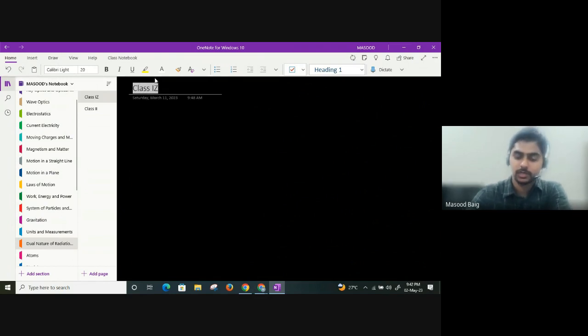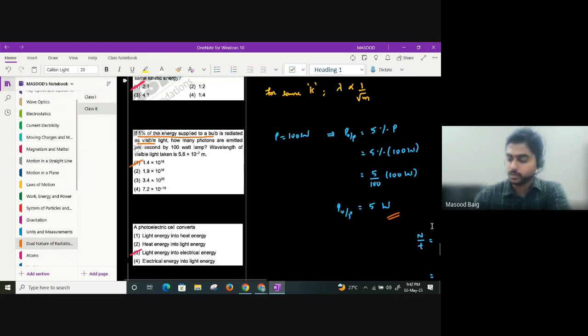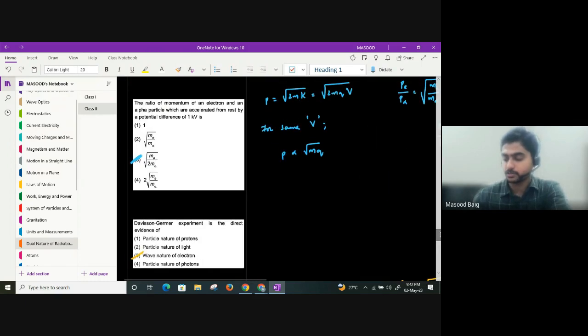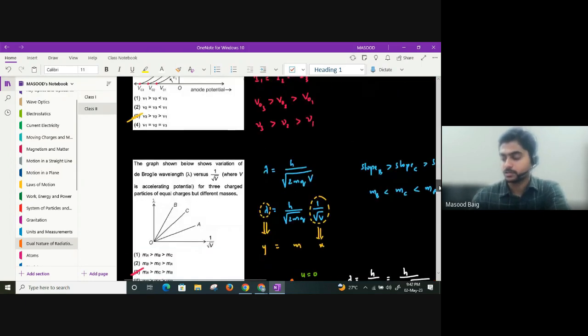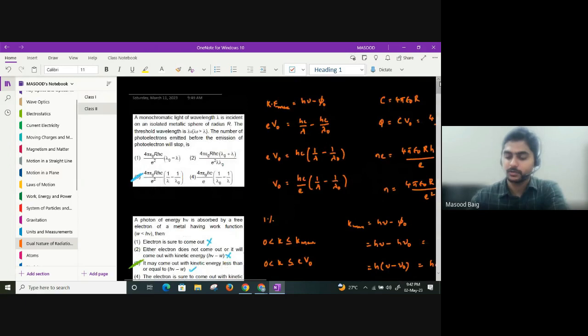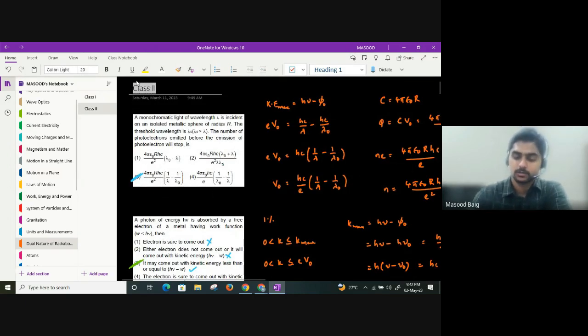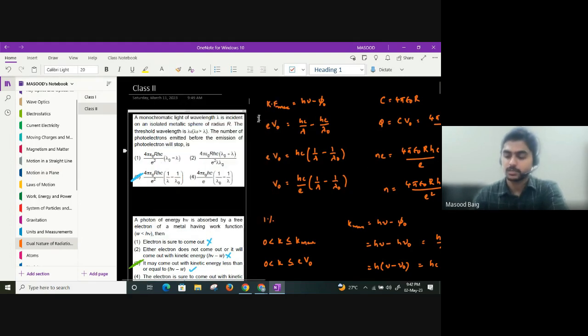In dual nature, you will have these things only. Either you will get the de Broglie wavelength case, or you are going to get the photoelectric effect, guys. No other question will be asked from this particular chapter. Directly we can guess the question, either from this or from that. I don't think there is a necessity. Yes, no.